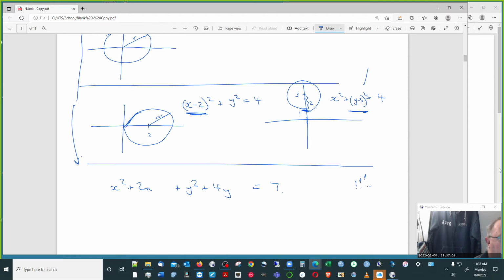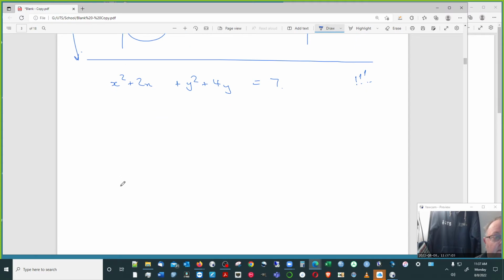So what we're going to do here is we're going to complete the square. So for those of you that watched it, you take the coefficient and you halve it. And then you take that and you square it. And that's the square number that goes together with these two to give you a perfect square.